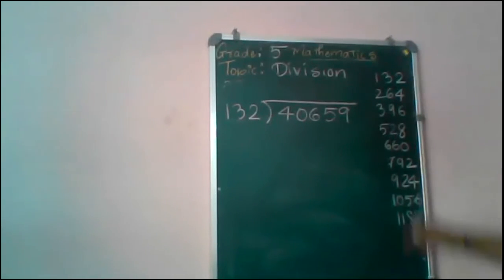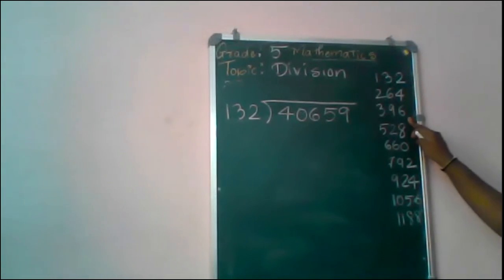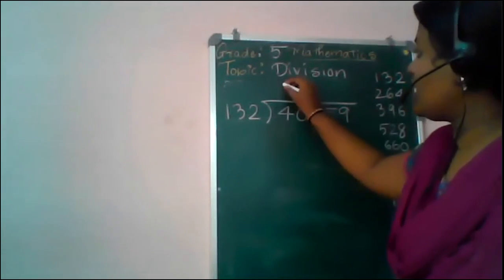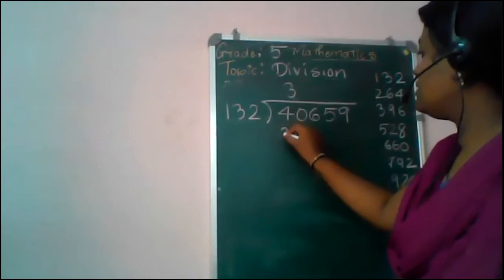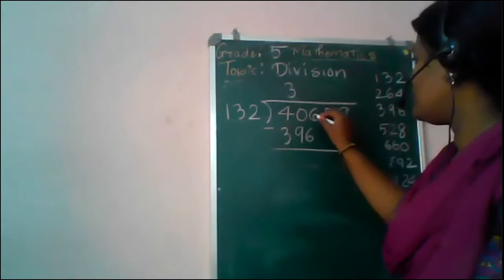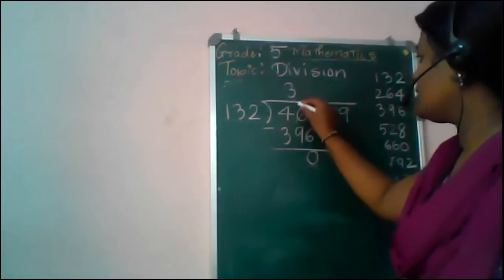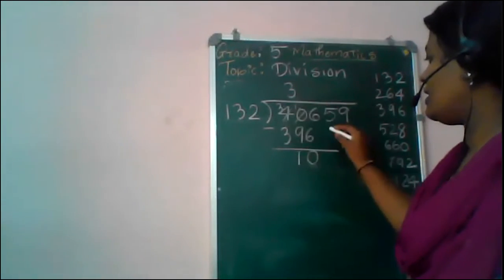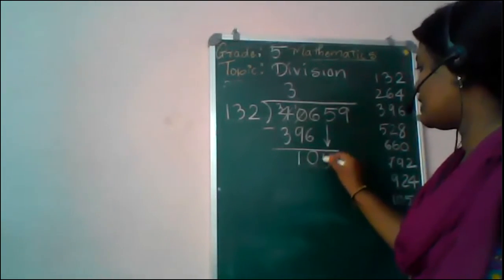So looking across, the favorable number that can be divided is 396. So 132 threes are 396. And we subtract, we have remainder as 10, and bring down the next digit, that is 5.